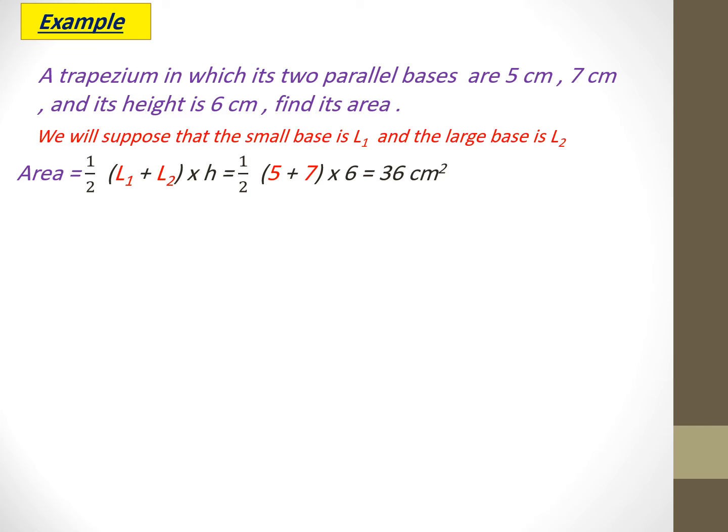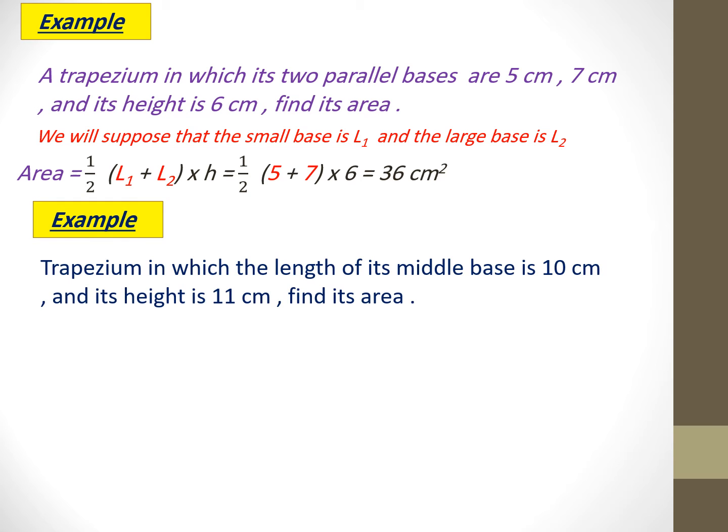Suppose the symbol of the small base is L1 and the symbol of the large base is L2, so the area will be half times L1 plus L2 times height equals half times 5 plus 7 times 6. By using a calculator, equals 36 centimeters square.